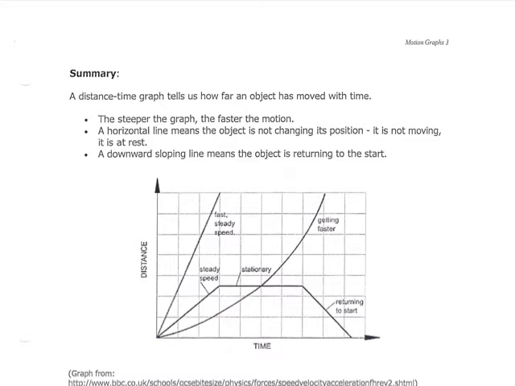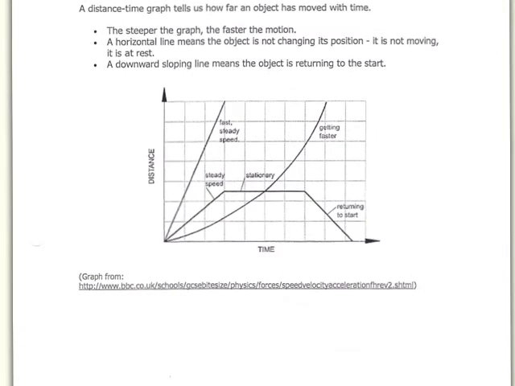Alright. One thing that we didn't quite talk about yet is you can also show when you move backwards on this type of graph. So if you look here, you can see our constant speed. Constant speed. Here you can see at rest.